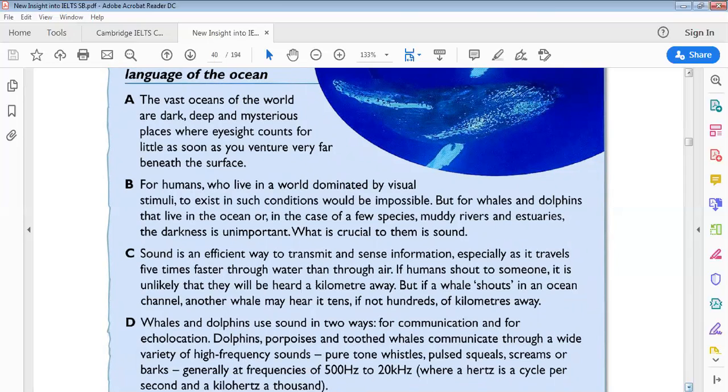Eyesight counts for little. The vast oceans of the world. Eyesight counts for little. Okay, so for whales and dolphins, darkness is unimportant.